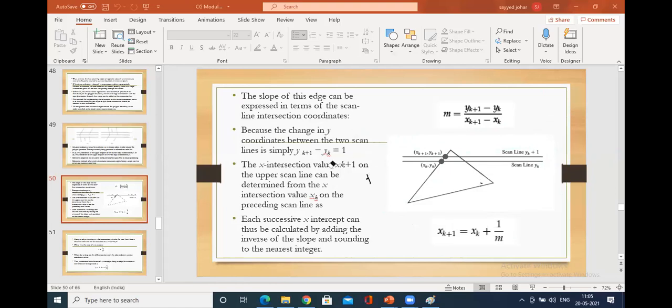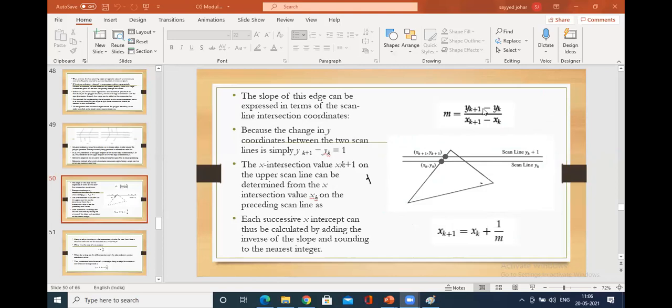Now let us see. Change in y coordinates between the two scan lines is always a unit interval. Hence, I could write the equation as yk plus 1 minus yk is always 1. It is a unit interval. Hopefully understood. Then what about the x intersection? The x intersection between xk plus 1 and xk could be determined by using the slope of the line. So how do you calculate the slope of a line?